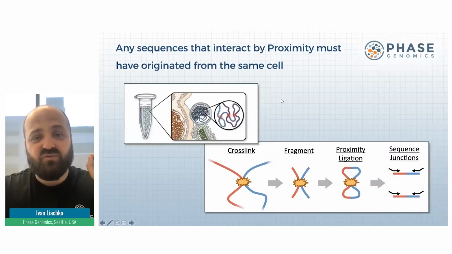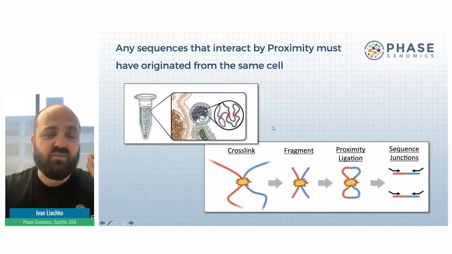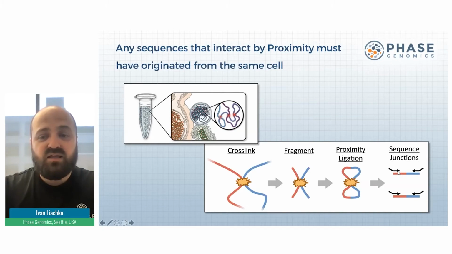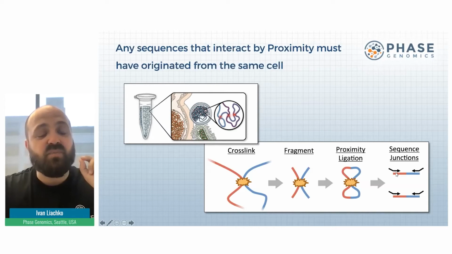But as I mentioned, the real value that this technology brings to the metagenomic community can be summarized in the following statement. Anytime two sequences interact by this method, by Hi-C or 3C, you know that they must have started out inside the same cell, because the crosslinks that joined them together happened on intact cells, right?